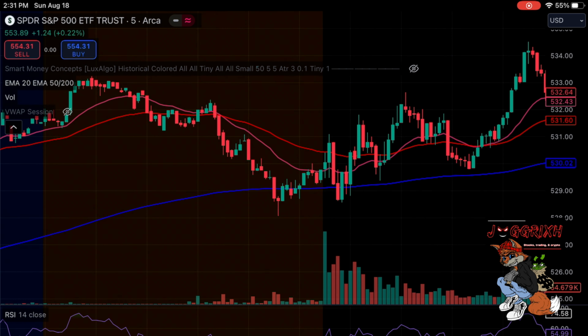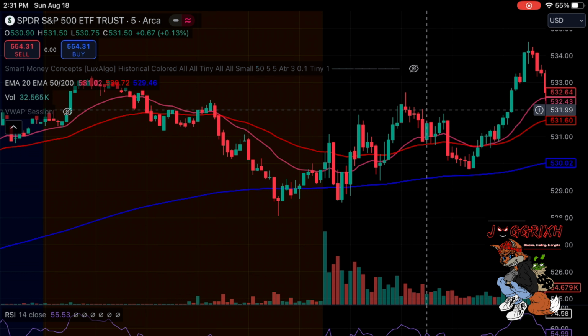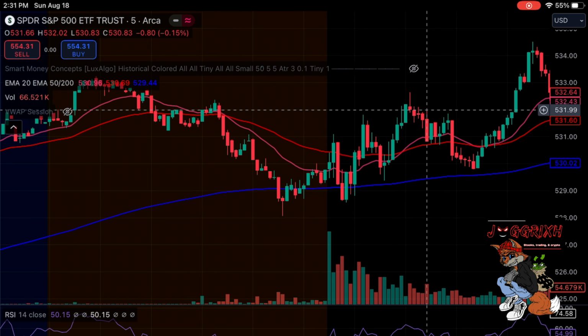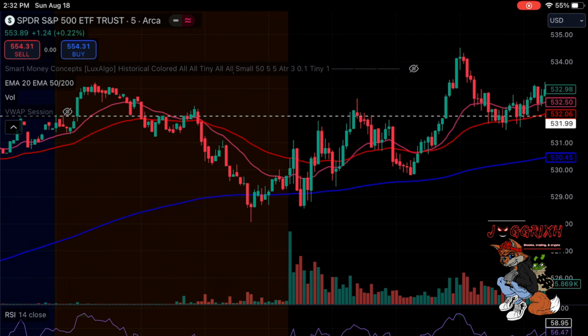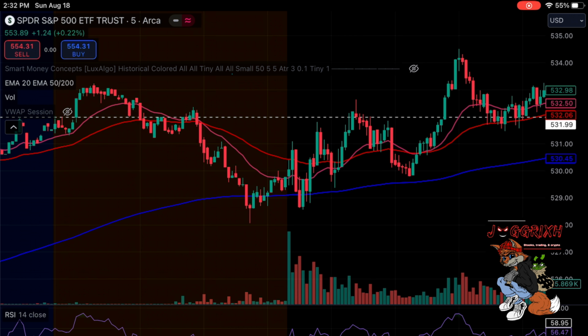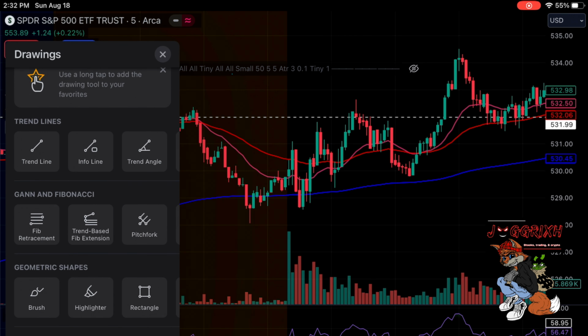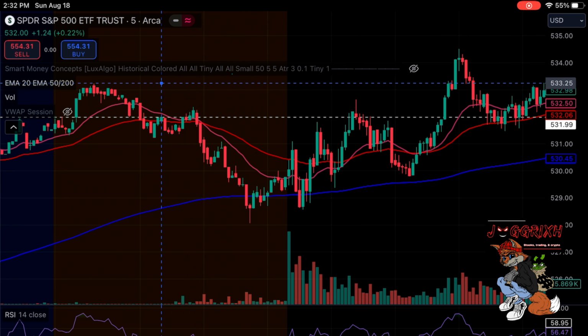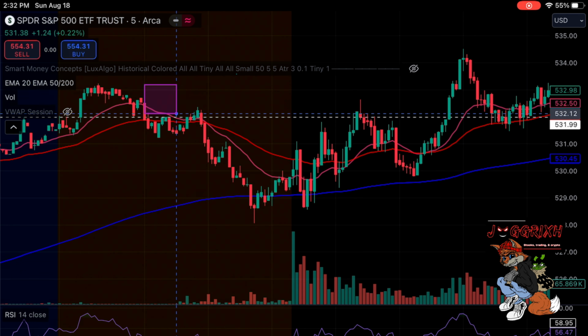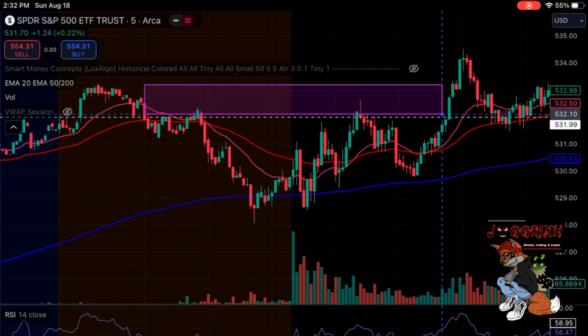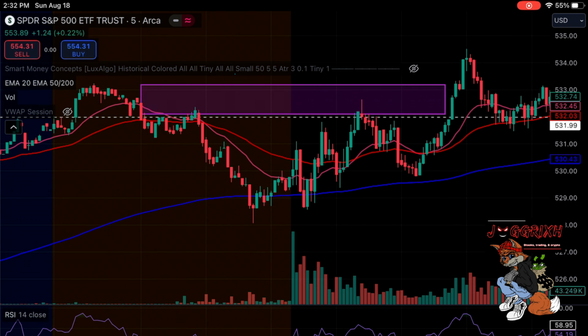It sold off heavy. So I would mark my level of resistance. You could do this with a line, or you could do it with a box for more of a support zone. So boom, let me make this little box right here.